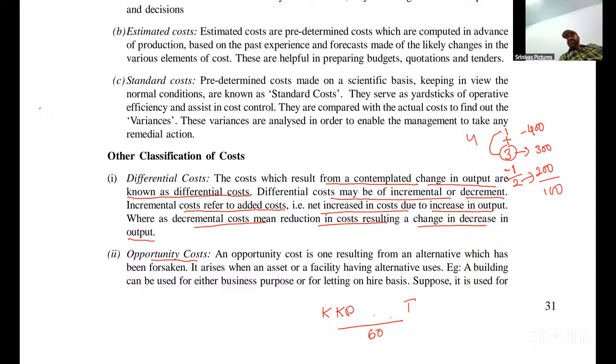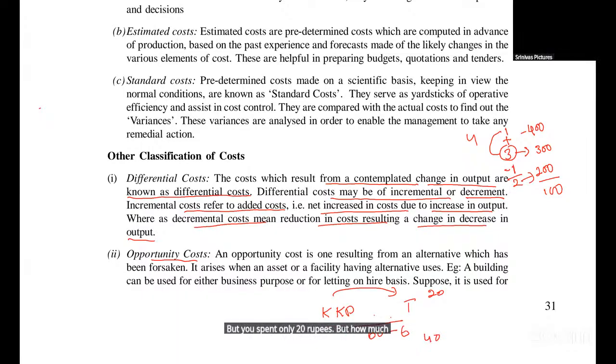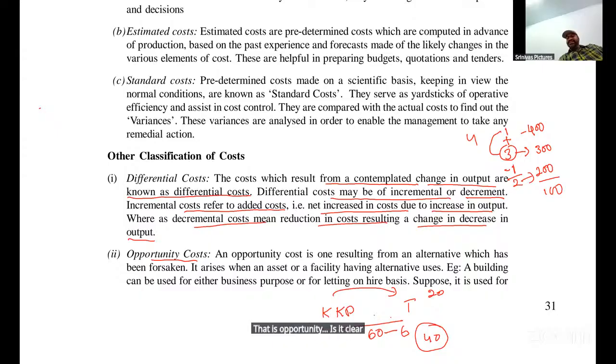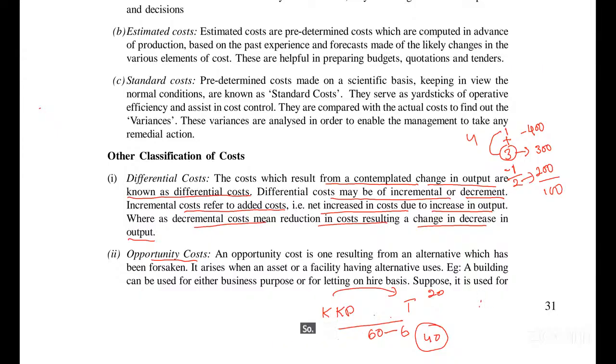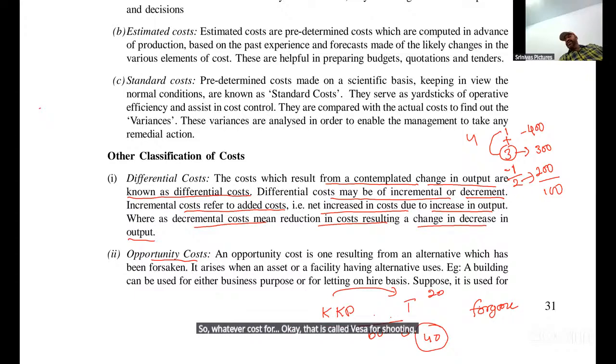Your friend gave a lift free of cost, and only 20 rupees of petrol charges were taken. Actually your cost is how much? 60 rupees, but you spent only 20 rupees. How much did you save? 40 rupees. That is the opportunity. Is it clear? Yes, sir. So whatever cost is forgone, that is called opportunity cost.